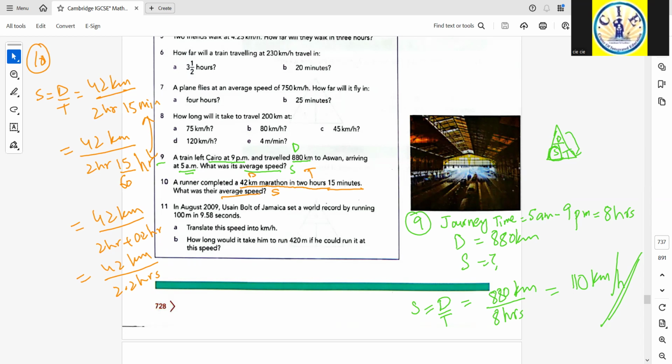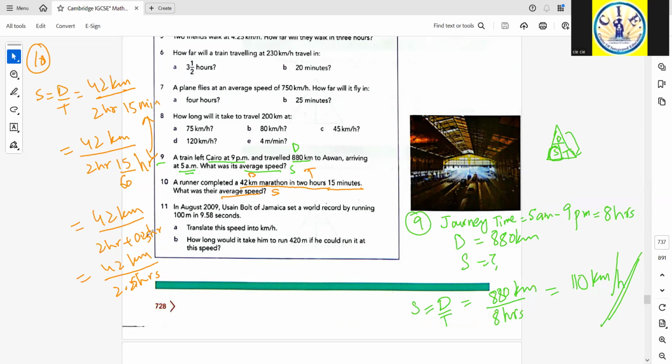Okay, that is 0.25 when we divide 15 by 60.